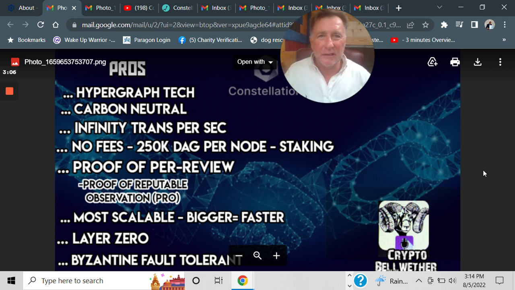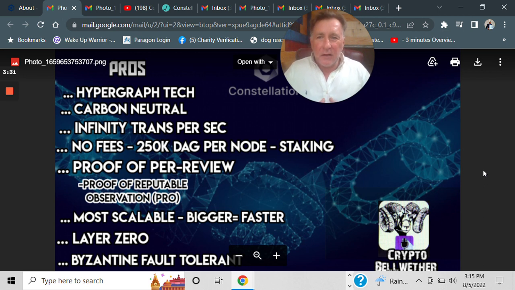That's really, really impressive. Now, there are no fees. There are fees when you set up and actually build on top of it, which I absolutely love. Like right now, it's 250,000 DAGs to build out a node. They have staking that puts upward pressure on the token, all positive.